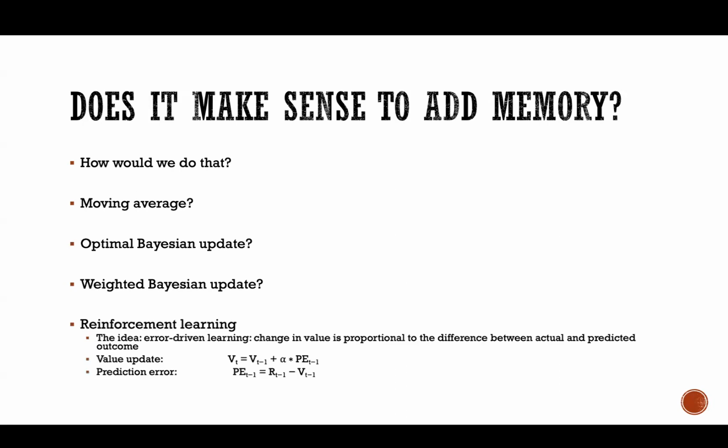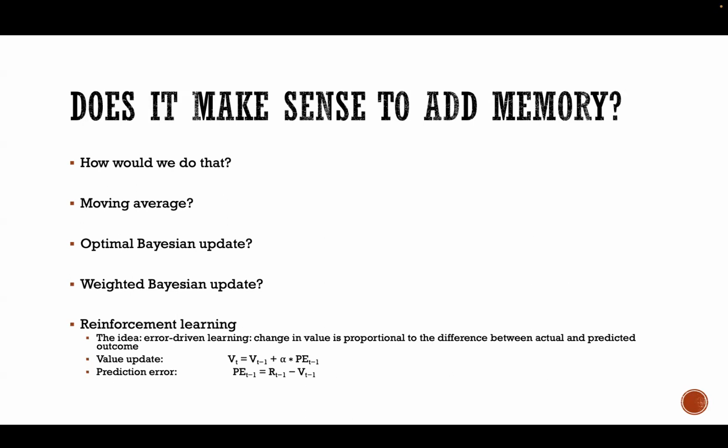Or we might have reinforcement learning, and again, that's something that we'll probably cover at a later stage. But the general idea is that it's error-driven learning, where at any point in time, expected value is attributed to the choice of right, and 1 minus that is attributed to the choice of left in this specific case.